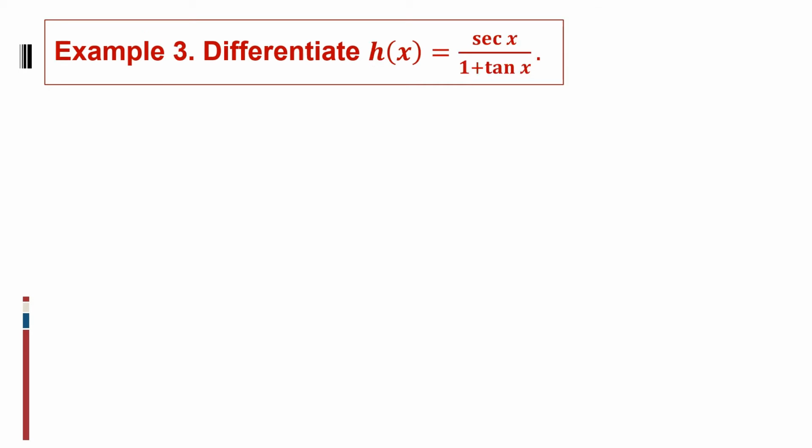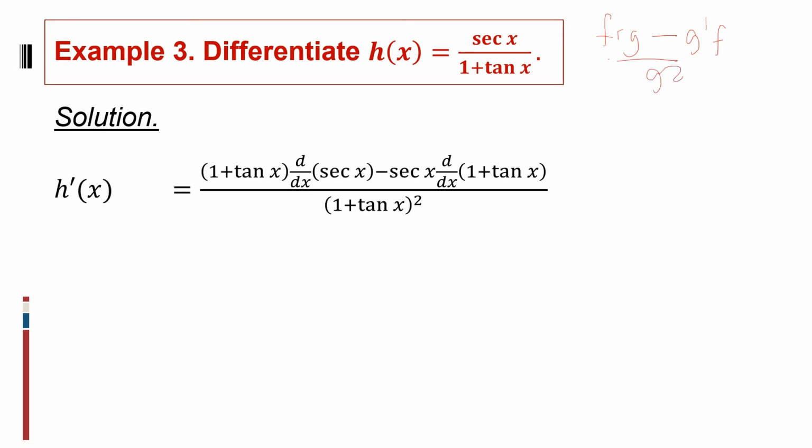Differentiate h of x equals secant x all over 1 plus tangent x. So we have here a quotient. So gagamitin natin yung quotient rule. That is fig minus GIF all over g squared. So we have, this is our f and this is our g.